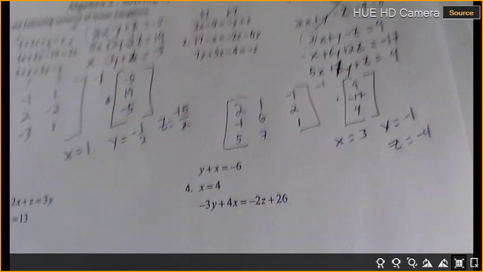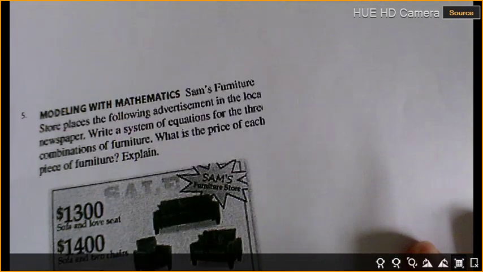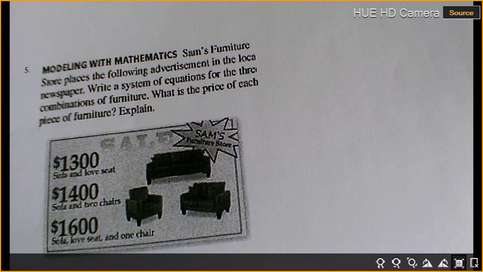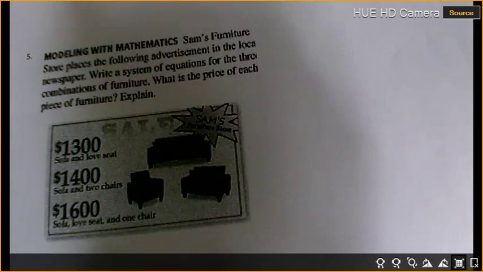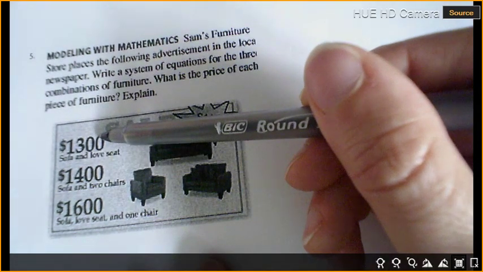I want to first go down to this word problem, because your homework is all about these word problems. Sam's Furniture Store places the following advertisement in the local newspaper. Write a system of equations for the furniture, and then we're going to write it into a matrices. A sofa and a love seat is 1,300.